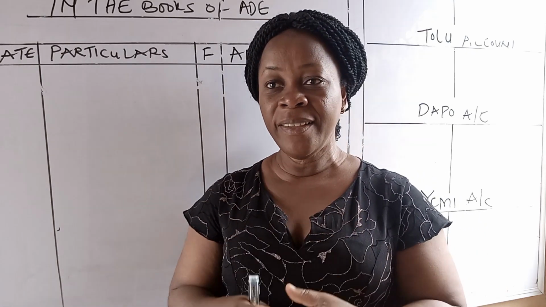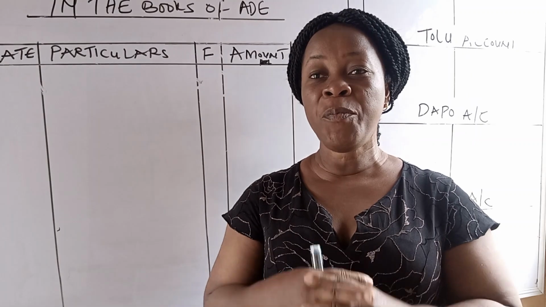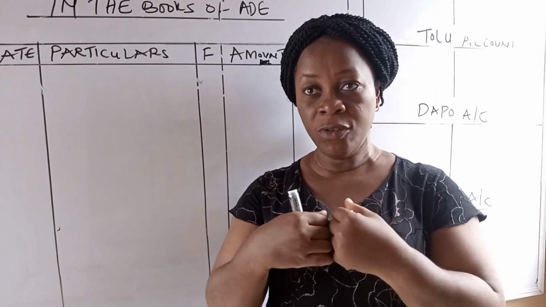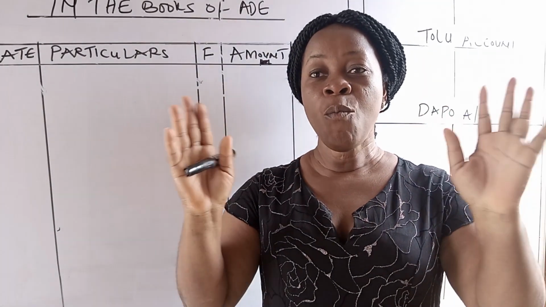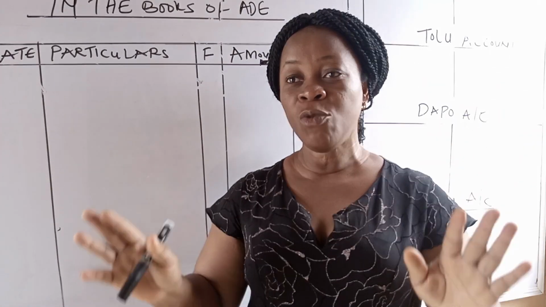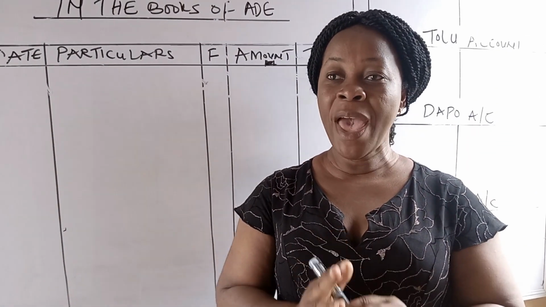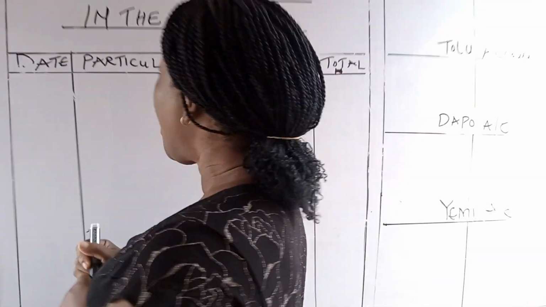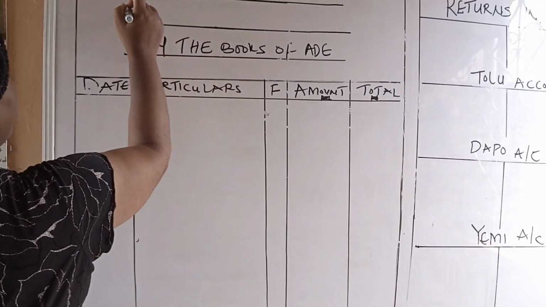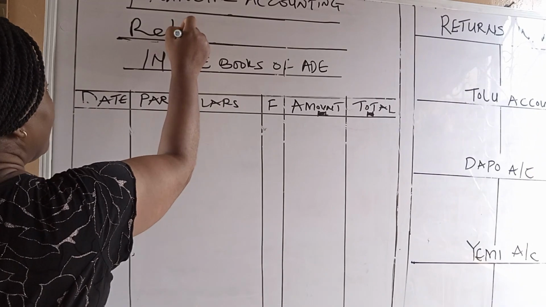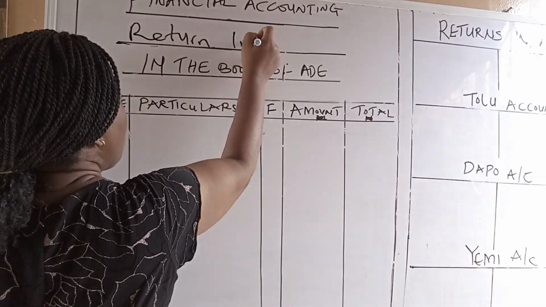In essence, today we shall be preparing return inwards. That's the appropriate subsidiary book of accounts. So our lesson title is Return Inwards.